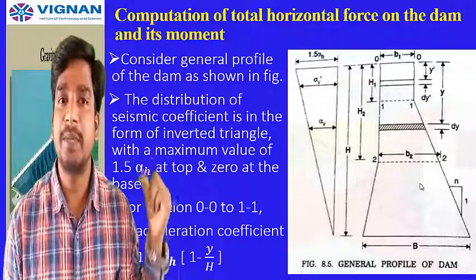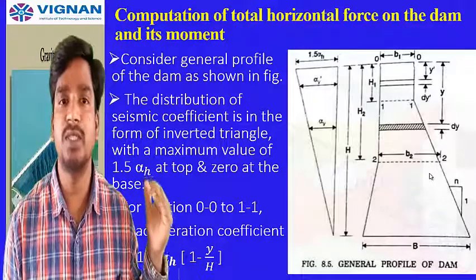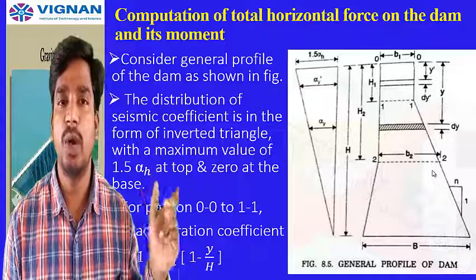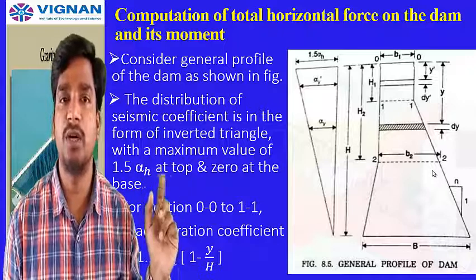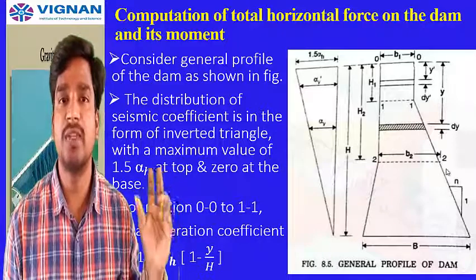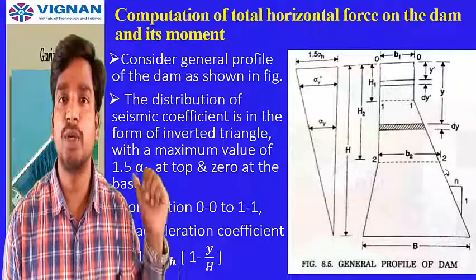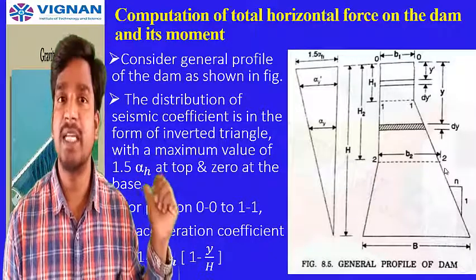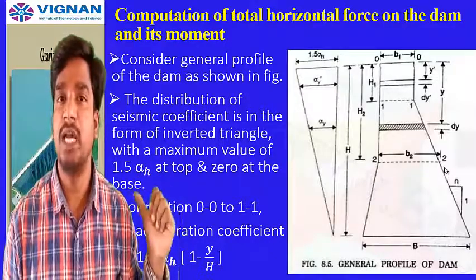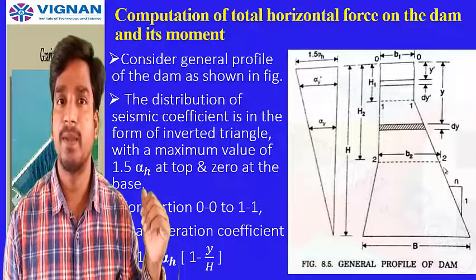Here you can see the dam is divided into a number of portions: 0 0 1 1 is one portion and 1 1 2 2 is another portion. In these two portions we will select some elemental strip, and with respect to that strip we are going to find the seismic distribution coefficient alpha at y, meaning at any particular depth.